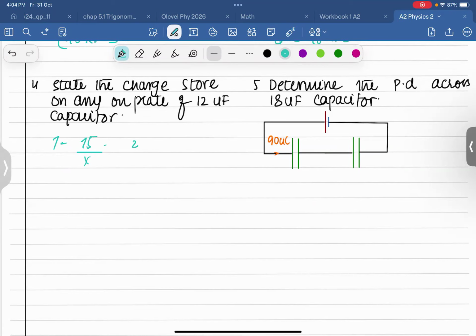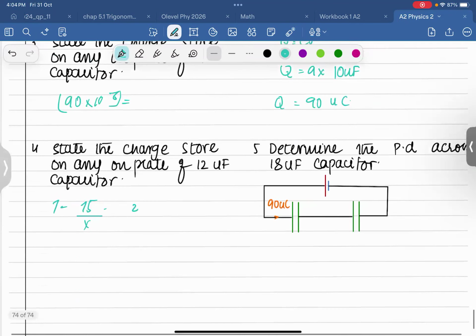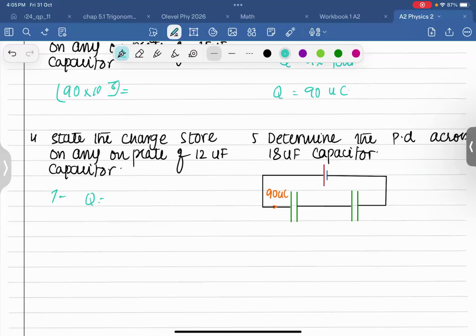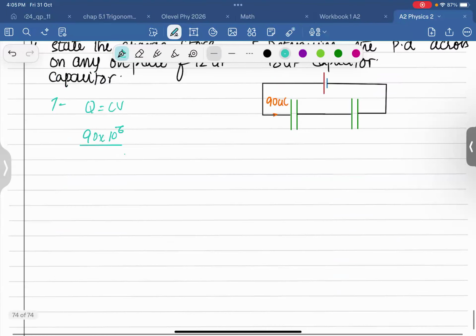The second thing is, if I write Q equals CV, in place of Q I have 90 microcoulomb, divided by, in this case I have the voltage known while the capacitance is unknown, and the voltage is going to be 9.